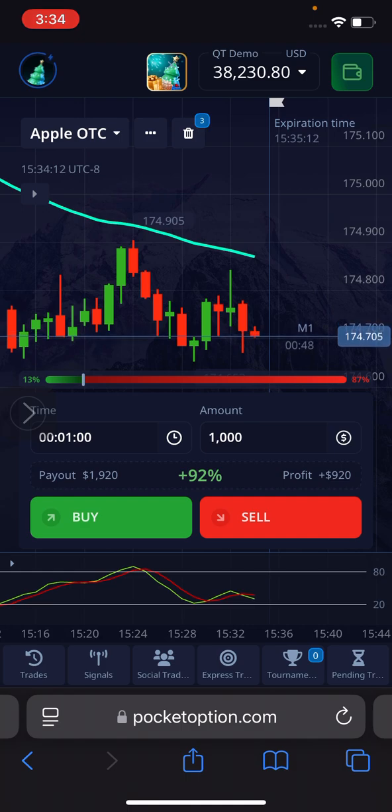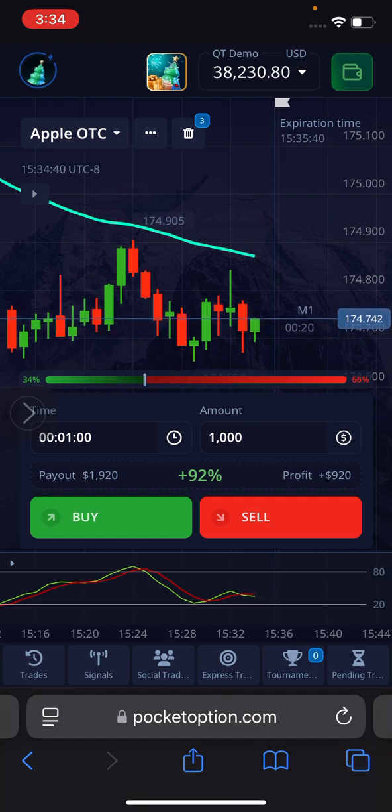So the way that it works, at least in my experience, I've identified that I take 1 minute trades. So I have about 30 seconds or so to decide if I'm going to roll the trade over. Rolling the trade over is adding another 1 minute to the trade.